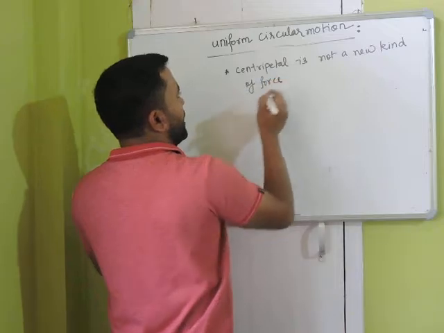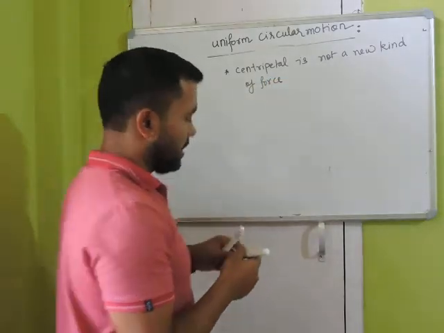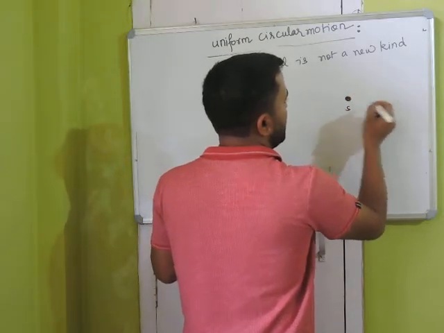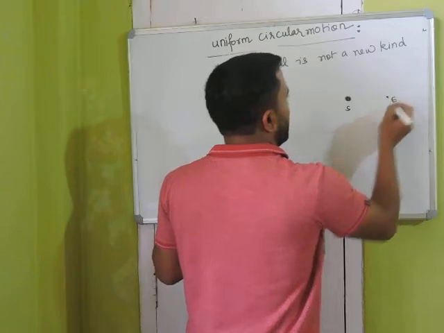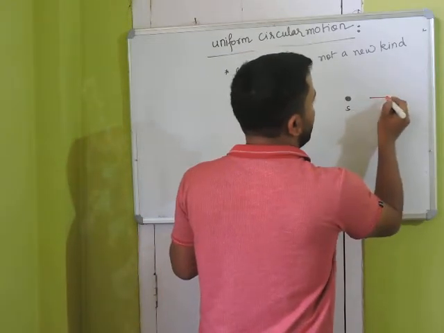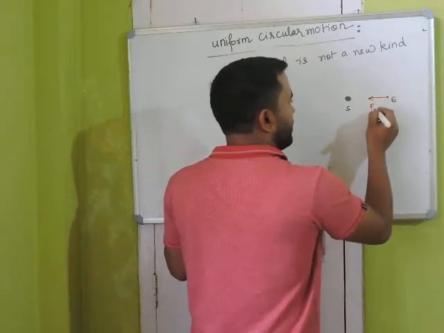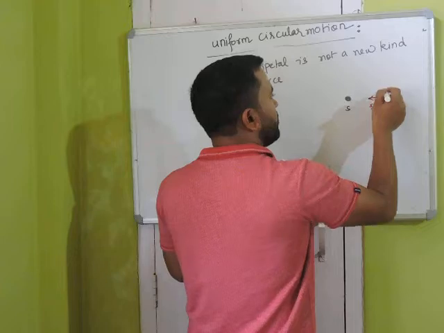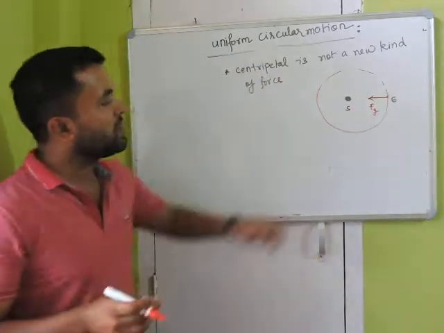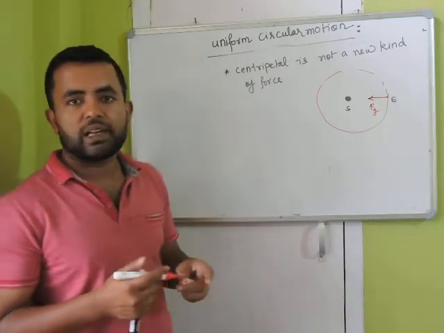I will give you an example. Let us talk about Earth and Sun. Suppose this is Sun, this is Earth. We all know that Sun attracts Earth because of gravity. So I will write Fg, gravitational pull. This force of gravity, or gravitational force of attraction, is the centripetal force.